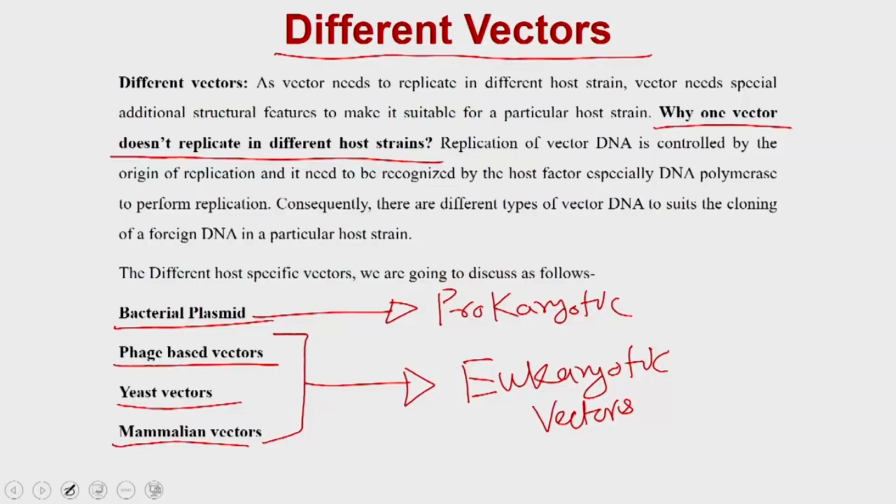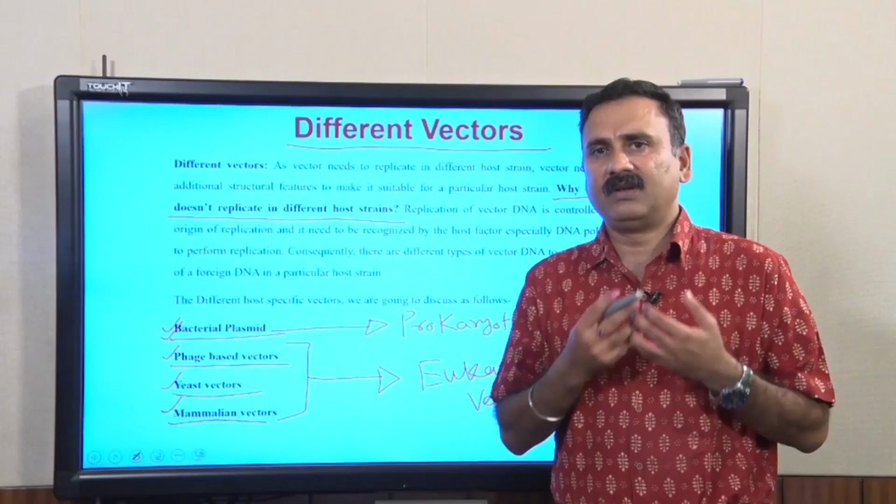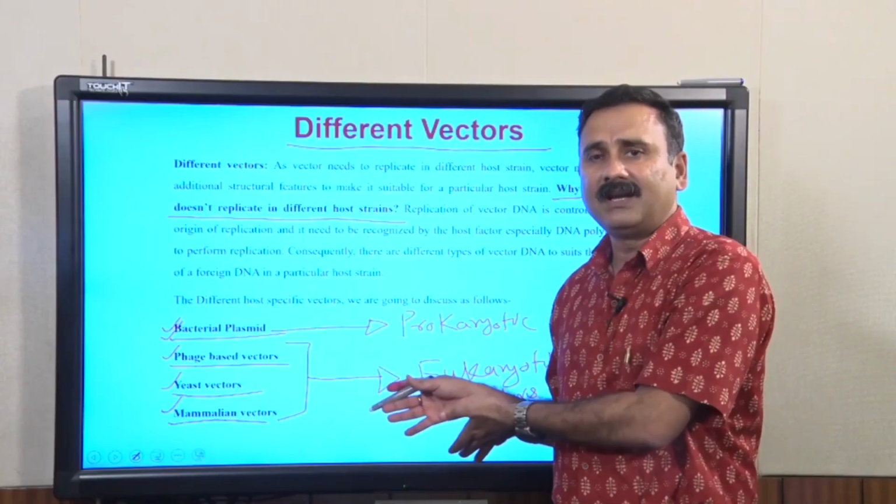So, considering these, people have developed different types of vectors. We are going to discuss only the following set of vectors, which are bacterial plasmids, phage, yeast and mammalian vectors. What we are going to discuss is not an extensive discussion about the different types of plasmids or vectors found under these categories.